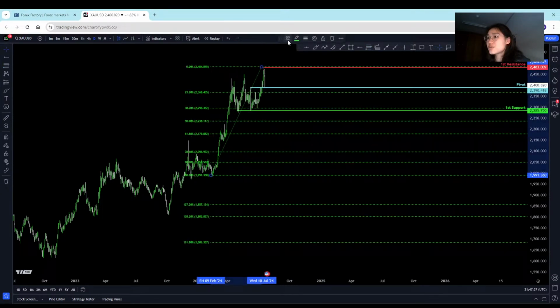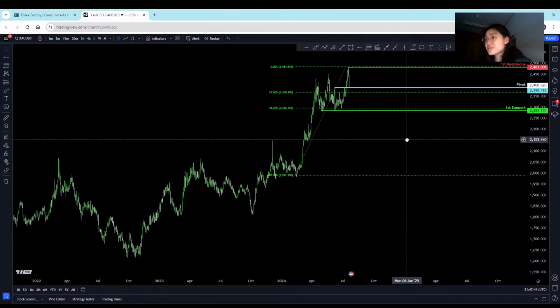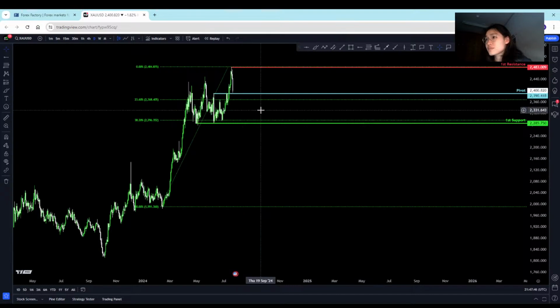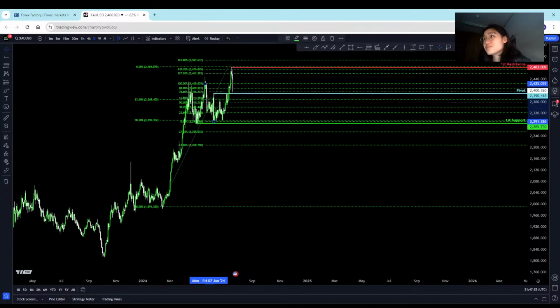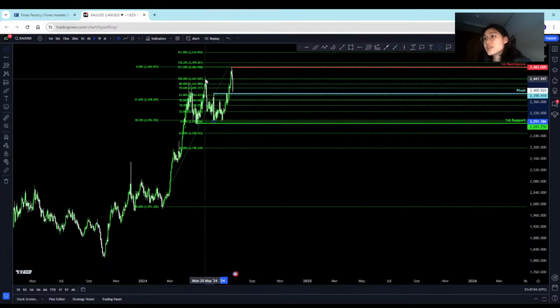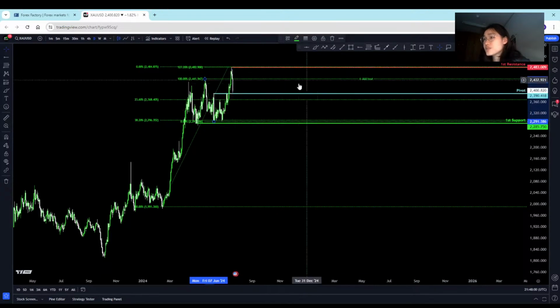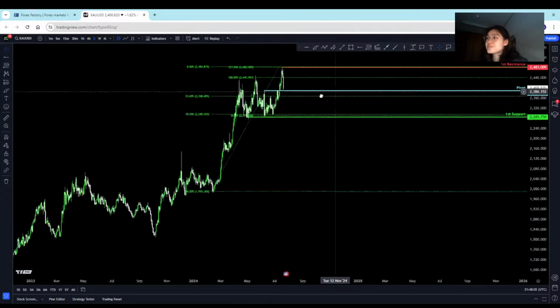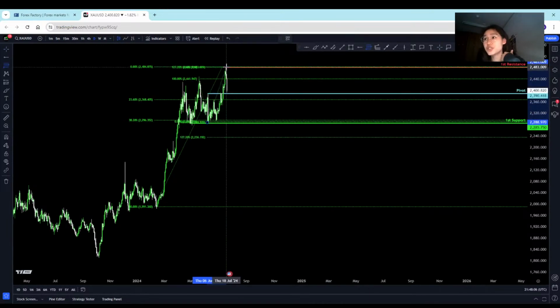Okay, 38.2 lines up with my pivot and actually my 23.6 as well. Can see that 90 takes shape there. 127 lines up nicely with our first resistance. We have a smaller retracement shape here.